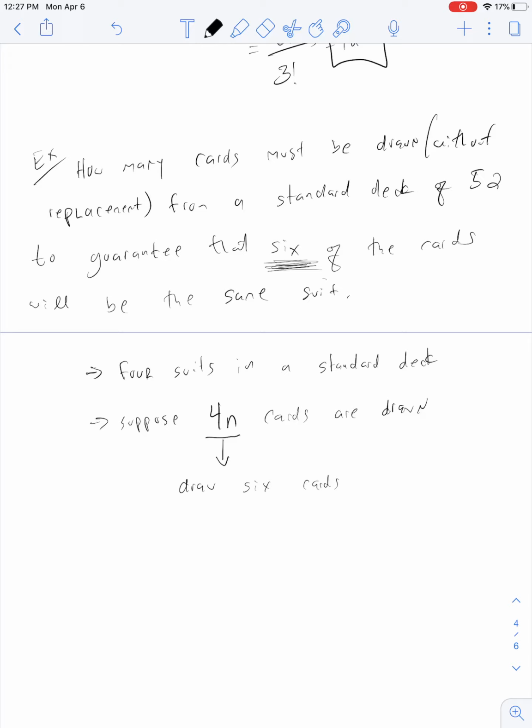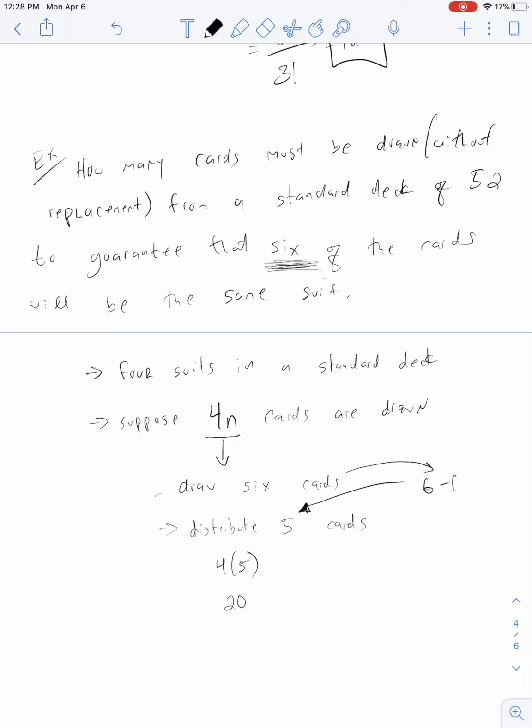So let's just say we only actually distribute 5 cards. So you do 4 times 5. And once again, we do 5 because the problem says 6. So we're going to do 6 minus 1. That's where that 5 comes from. So that gives us 20 there.